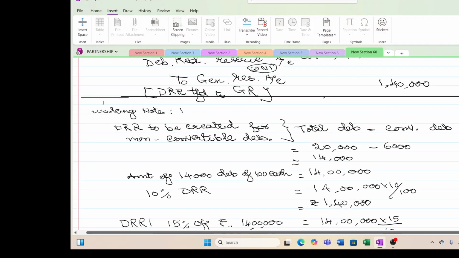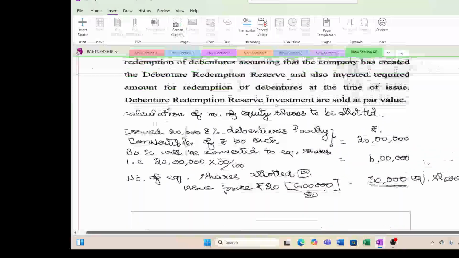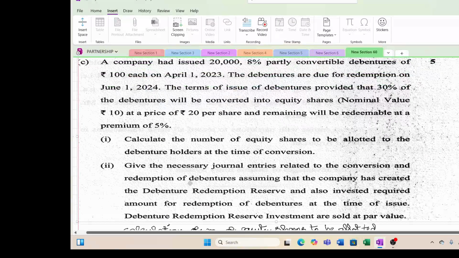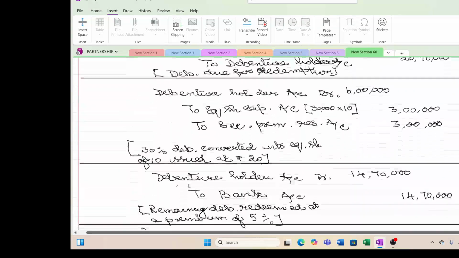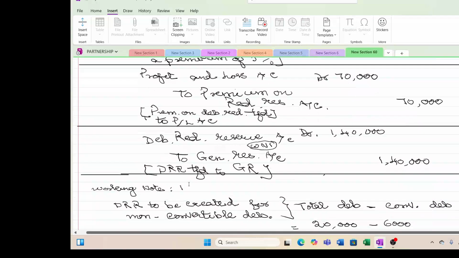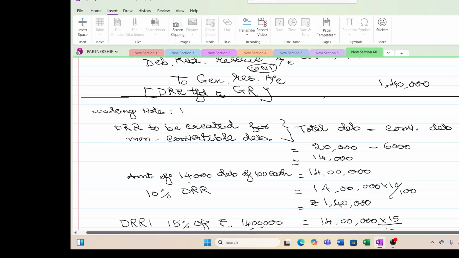First is this DRR already created, how much they have created, because they say in the question that the company has created the debenture redemption reserve. The debenture redemption reserve is created already. And you know that debenture redemption reserve is created for the non-convertible portion.